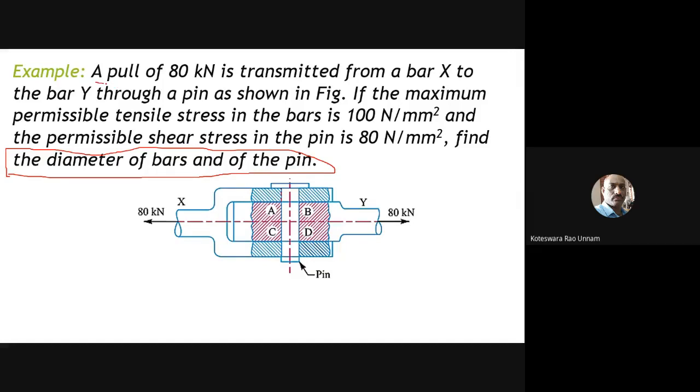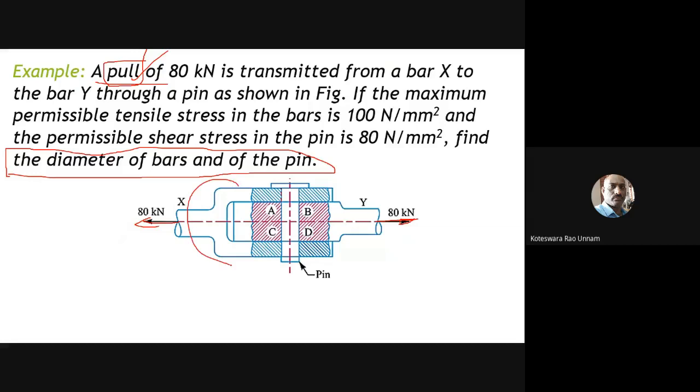Here what he has given is a pull. Pull means a tensile force, so a tensile force can be termed as pull. Push means a compressive force. Here it has given a pull, and I have shown it as a tensile force. Tensile force means the load is always directed away from the body.